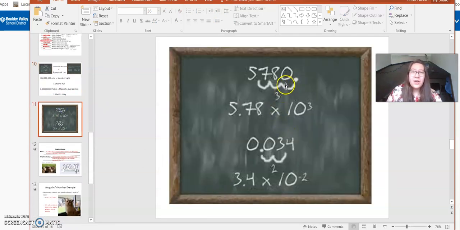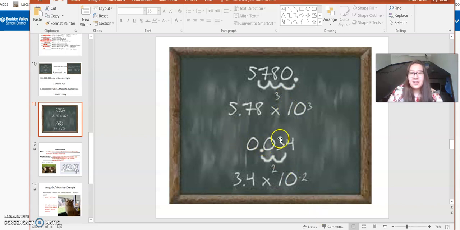Basically the way to convert is that you just move the decimal place over however many places the exponent tells you to. So for 5.78 times 10 to the third, if you're just given 5,780 and you're trying to make it into scientific notation, you move this decimal over 3 places, so it ends up with 1 digit to the left and then however many digits to the right, and then the exponent is how many places you moved the decimal.